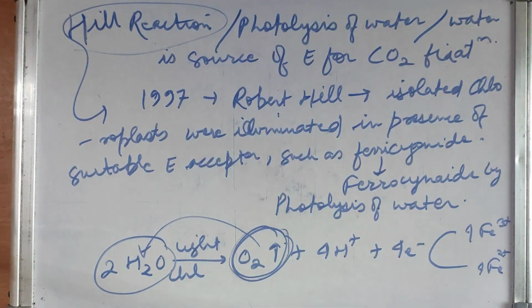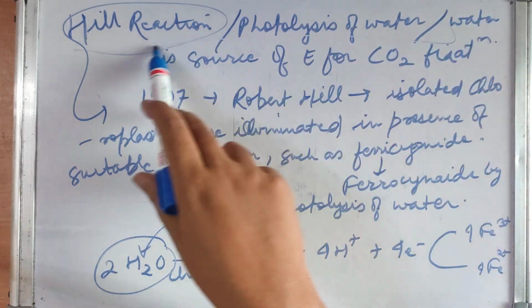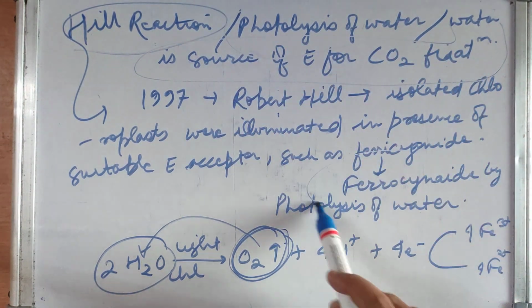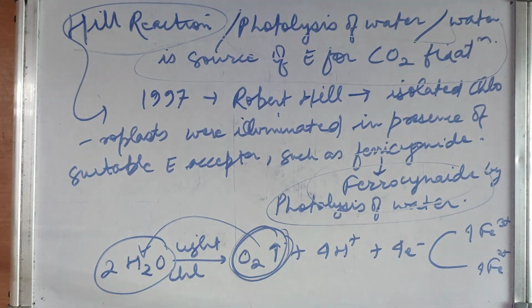So this has proved that water is the source of electrons for CO2 fixation, and this also suggests photolysis, because here ferricyanide is reduced to ferrocyanide by photolysis. You can see the photolysis of water. Oxygen is evolved from water.